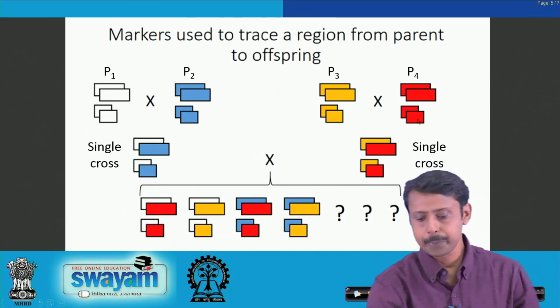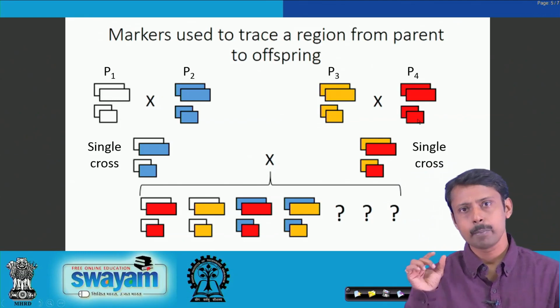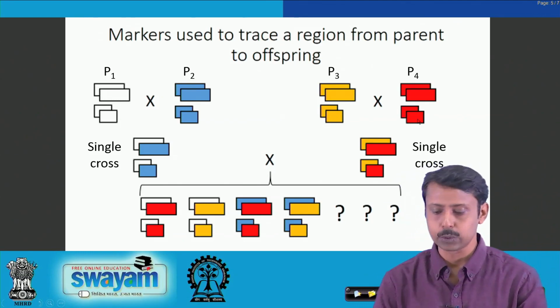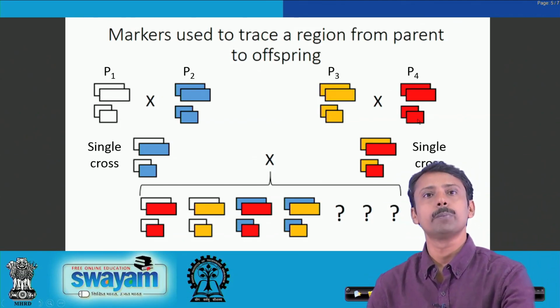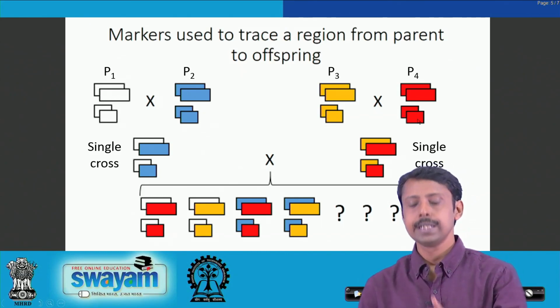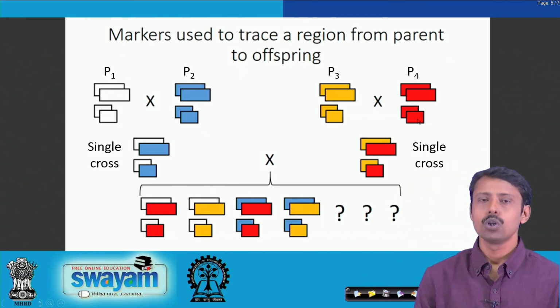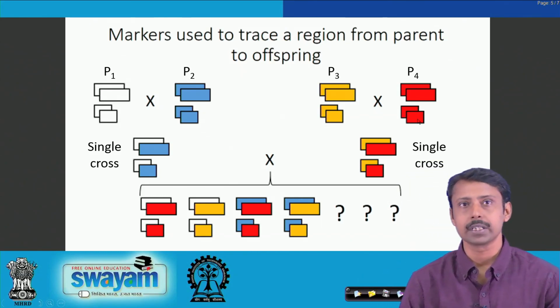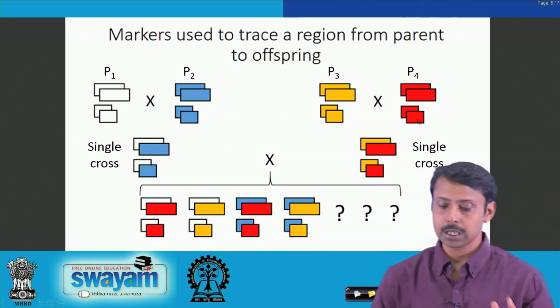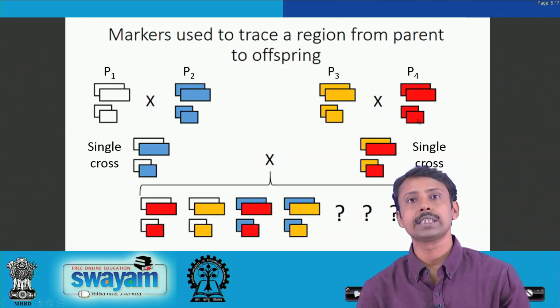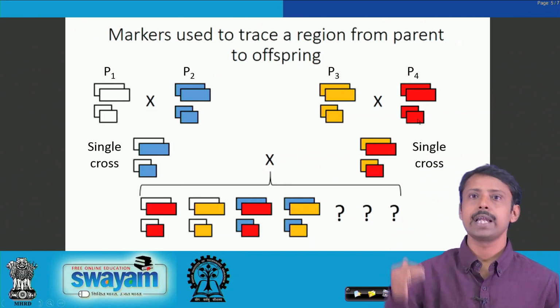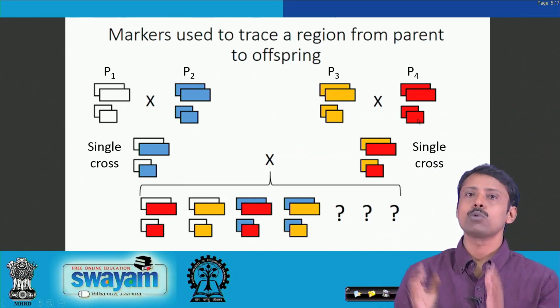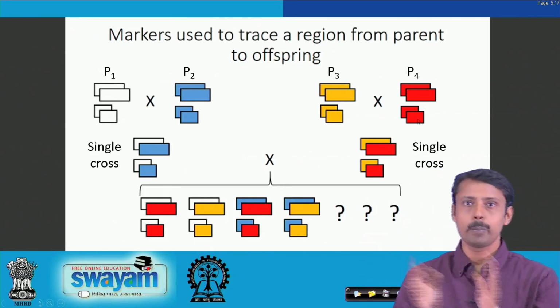In our offspring we can trace a particular gene or sequence, from which plant P1, P2, P3 or P4 it has come, if we know the molecular marker information. In this way the markers can be used to trace a region from parent to offspring, how a particular sequence is transferred from parent to offspring.